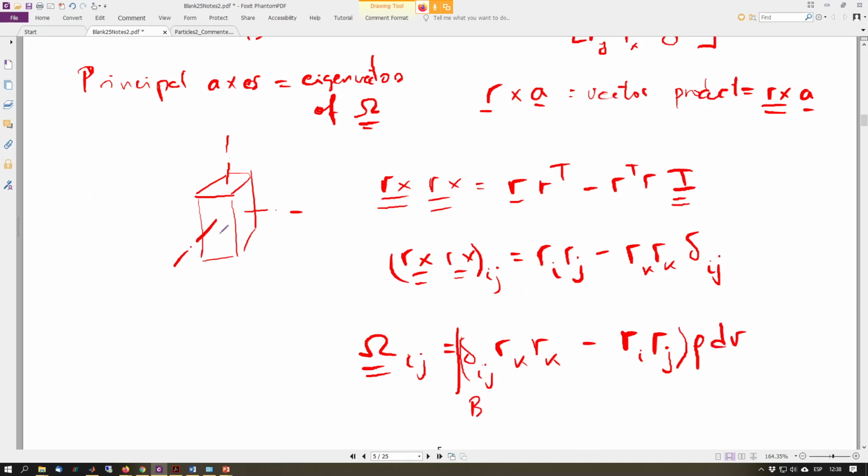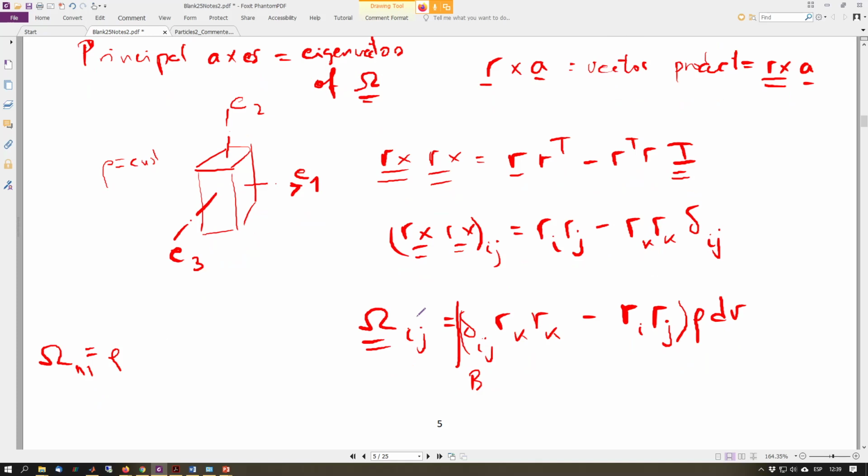As I said, we need this density for the body. For a case like this one, let's imagine that we have direction 1, direction 2, and direction 3. If we want to compute, for instance, component 1,1 of this inertia tensor, and we have it already aligned through the axis of symmetry of this body with rho constant, we will have rho times the sum of 1,1, 2,2, and 3,3 minus the 1,1.